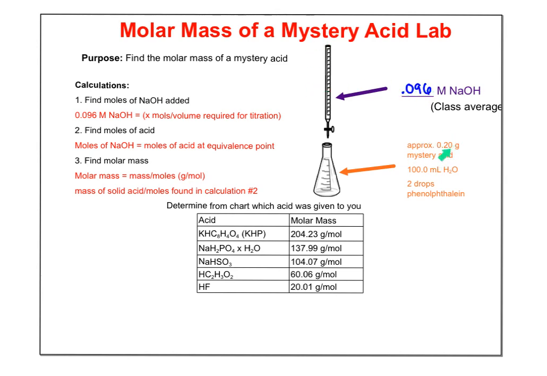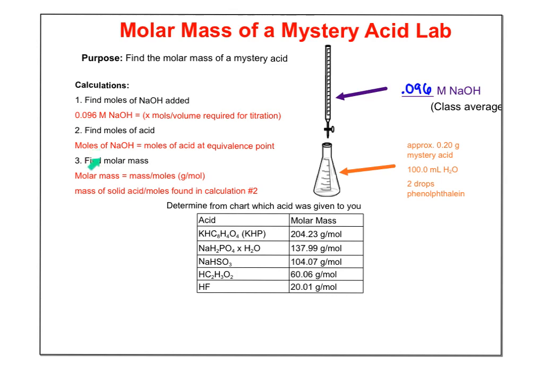It was a solid, so you massed out 0.20 grams, or roughly whatever it was, you wrote it down, and we dissolved that in some water, and we added phenolphthalein as an indicator. And so then we did our titration. When it turned a light pink, we were able to say whatever volume of the base, using correct sig figs, was required in liters, and then with our molarity we can solve for moles.